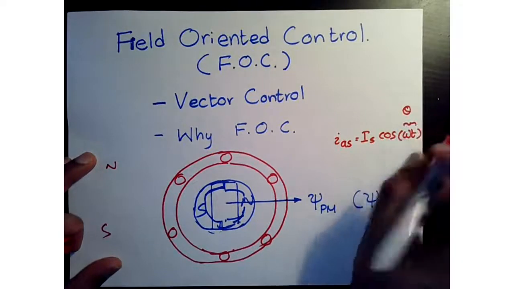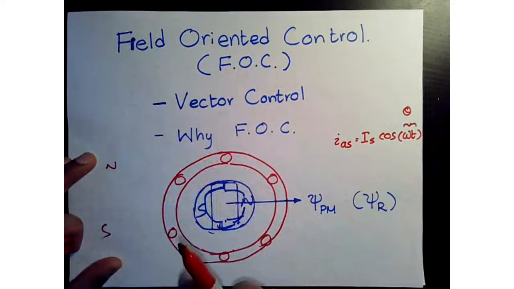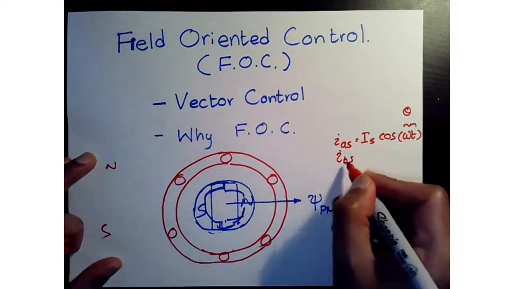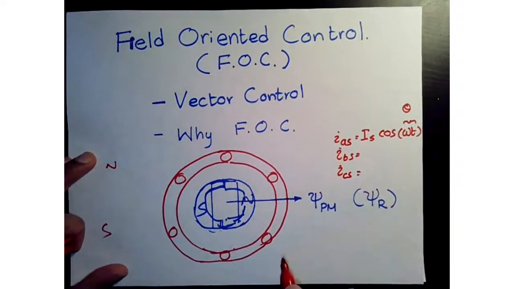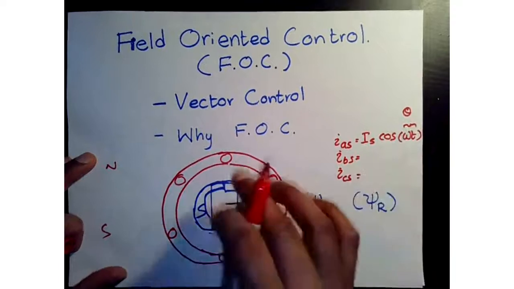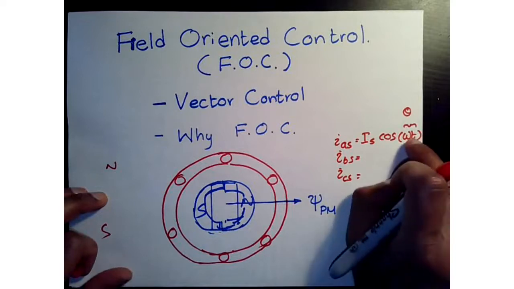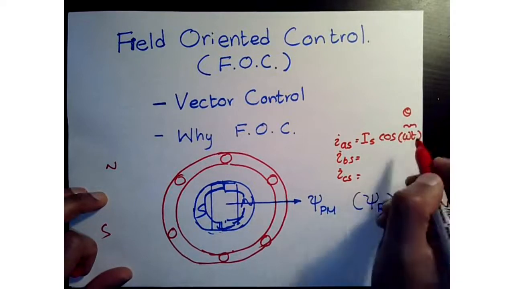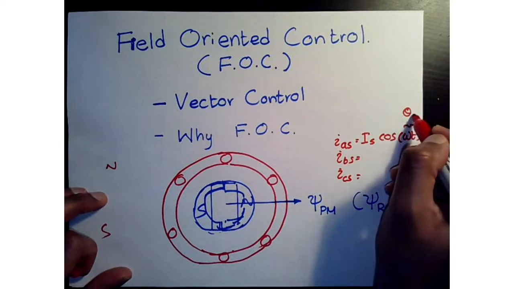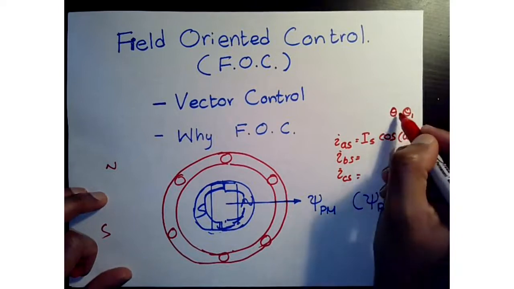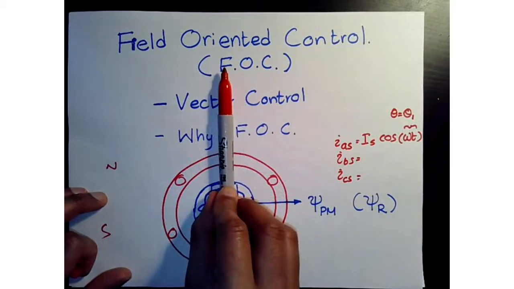And we can change the theta however we want to, and we can set up our flux vector wherever we want to, right? And we're going to have similarly an IBS, which is 120 degrees out of phase, and an ICS, another 120 degrees out of phase. So with that, we showed that we can establish a rotating flux vector with frequency. But if you hold that angle constant, instead of having a frequency, you hold it at a certain theta equals theta 1, once you hold it at that value, you can hold your flux vector in that alignment.